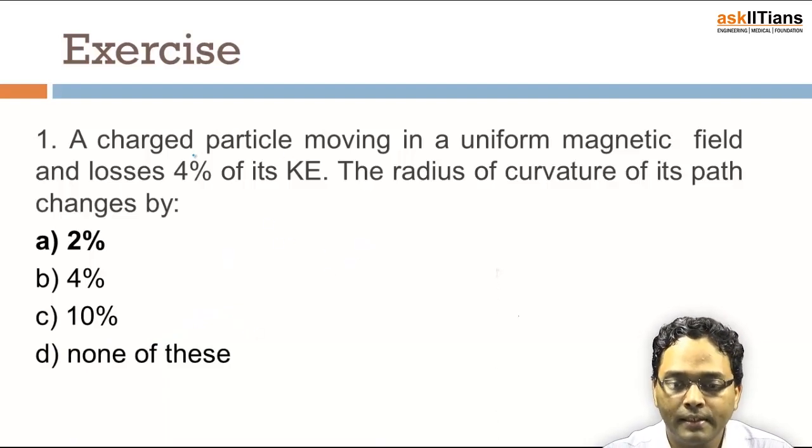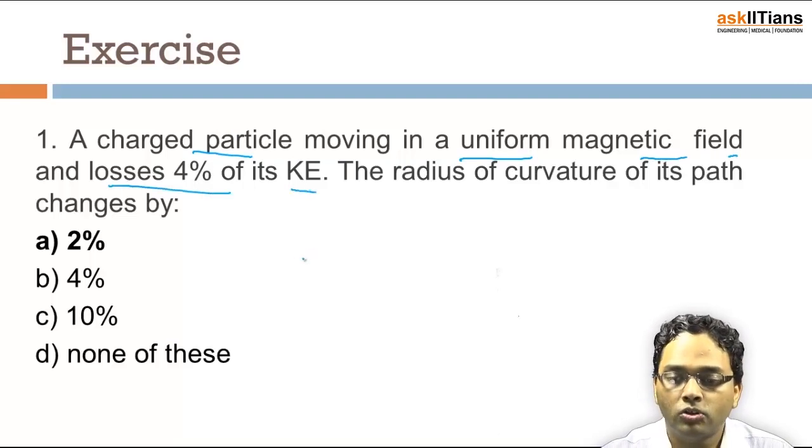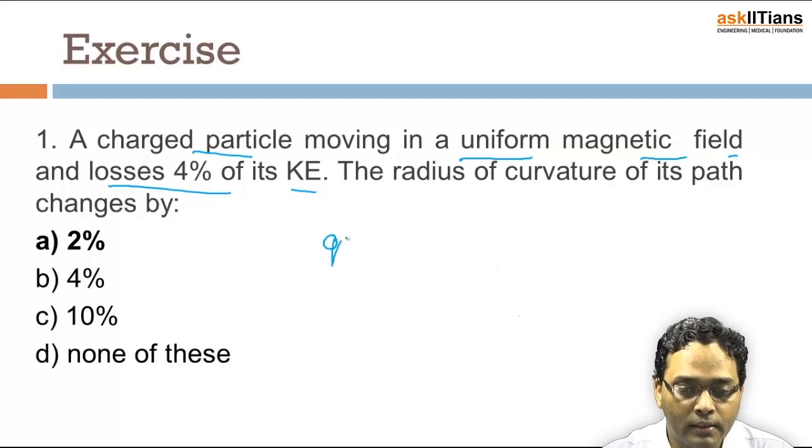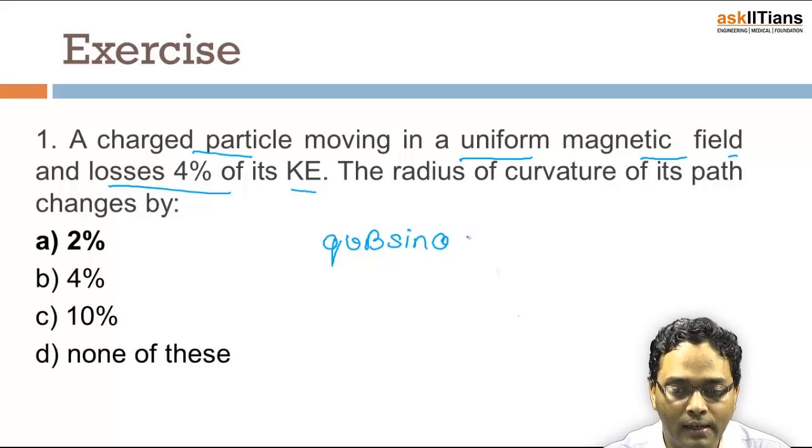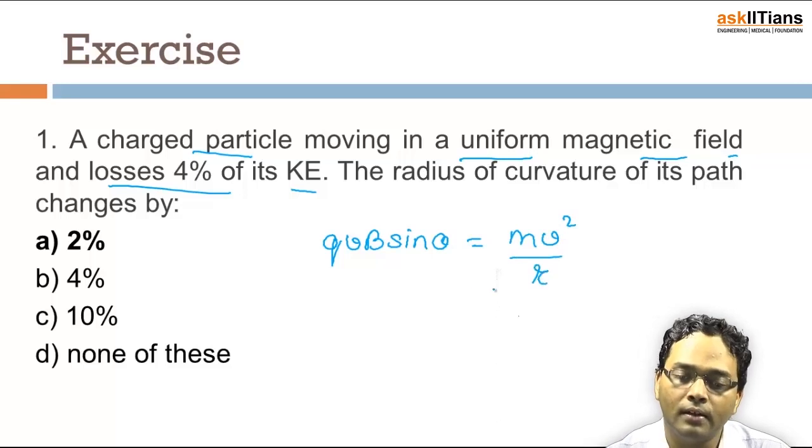It says a charged particle is moving in a uniform magnetic field, and it loses 4% of its kinetic energy. So how exactly are we going to do it? You know that because it is in motion always, if we do qvB sine theta, this is the Lorentz force that we have. This is going to be responsible for the centripetal force, right?